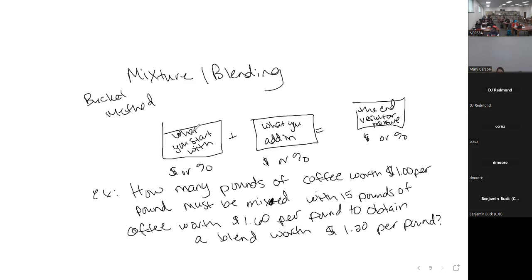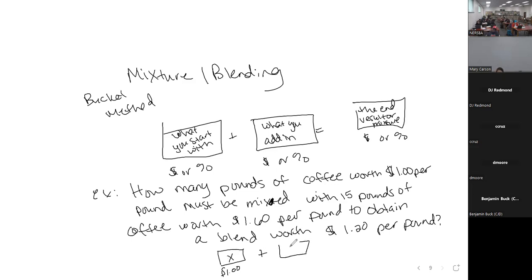This is what we're starting with. We don't know how many pounds, so what would we let go in this box here? We don't know how many pounds of coffee that are worth $1 per pound. So this is going to be $1 on the bottom, and that's going to be x.